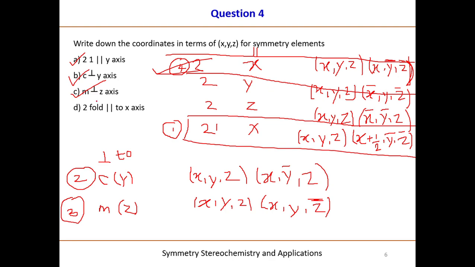So I hope all of you got the correct answer for all the questions. In today's lecture, we have done questions based on symmetry elements and lattice. I will give a little summary of today's lecture.